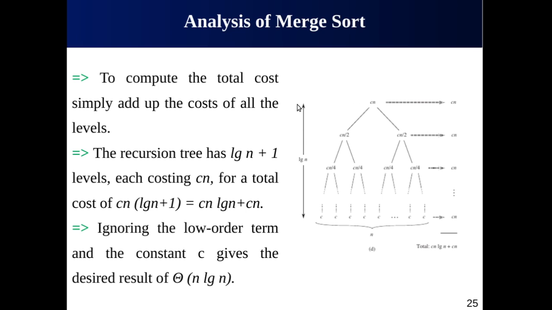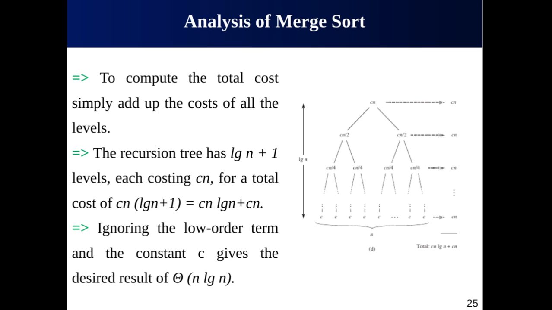Second thing is the total number of levels of this recursion tree. Remember, we can prove it, but we do not need to prove it. You just need to remember that the height of this tree is log of n plus 1. And again, n is the number of nodes, or you can say the leaves corresponding to the input size.